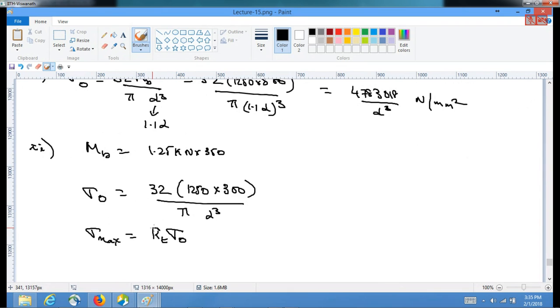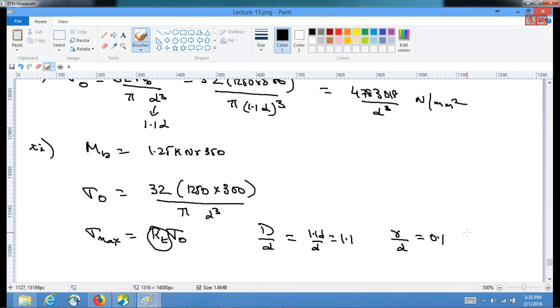For determining the stress concentration at this change in cross section, we need two ratios. One is the D by d ratio, which is 1.1 d divided by d, that is 1.1, and the r over d ratio, which is 0.1.